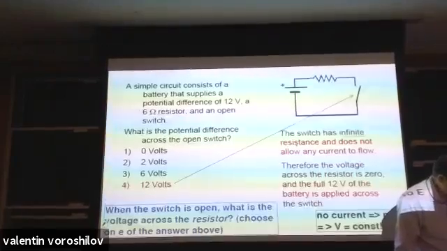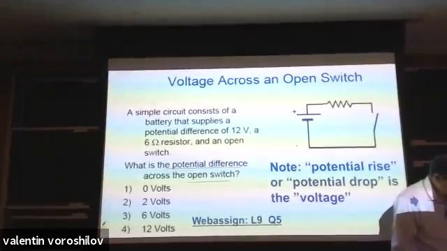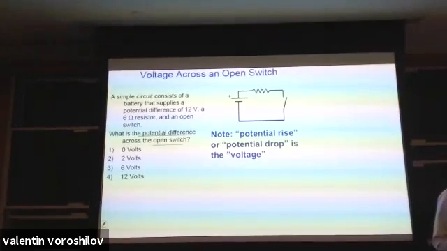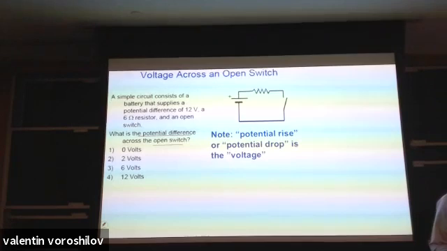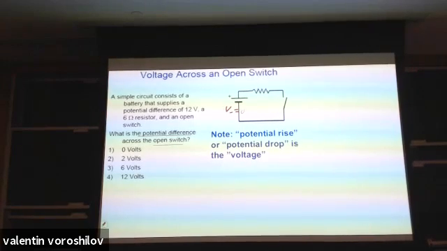So we've answered 6 questions. This was a question about potential difference across the open switch. So in this circuit, this potential could be set to 0. This potential automatically becomes 12 volts. And here we will have 0, 0, 0.